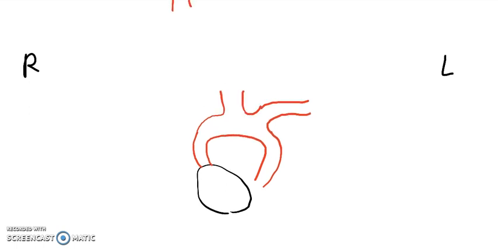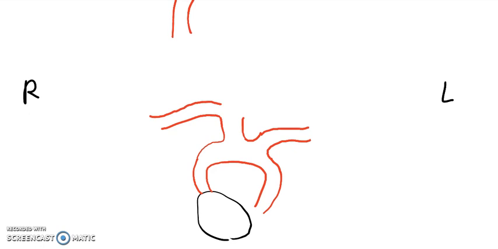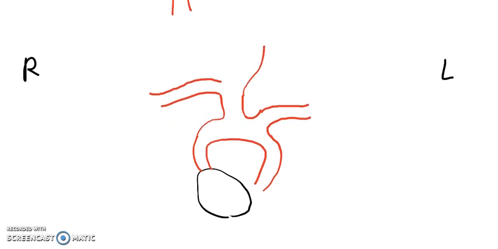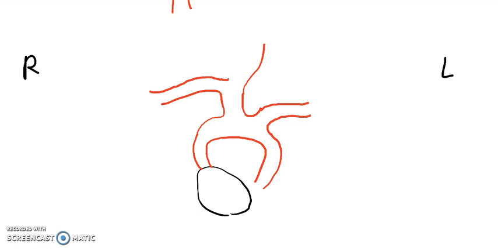So this is connected. This is going to go to the right side of circulation. And then here we're going to have two, or I guess one set, a pair that are going to go to the head and neck. So here's what we're dealing with. So how do we name everything here?